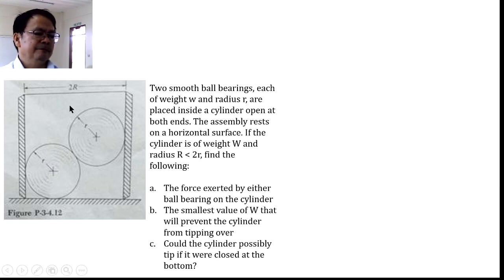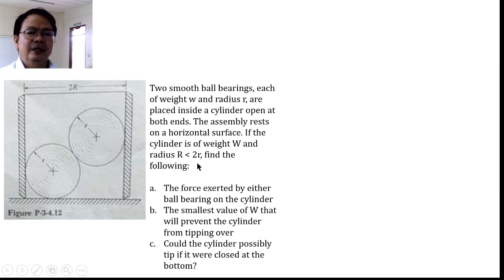So ganito yung problem. Meron tayong cylinder dito na ang kanyang diameter is twice R. Yung R represents the radius of the cylinder. Inside the cylinder are placed two ball bearings whose radius is equal to R. So we should expect that the radius of the cylinder must be less than twice the radius of the ball bearing.